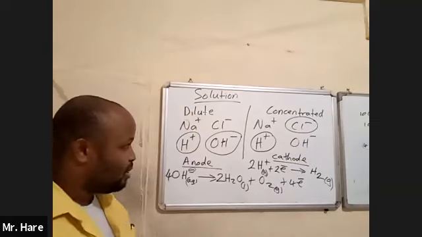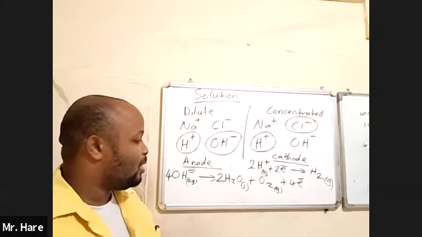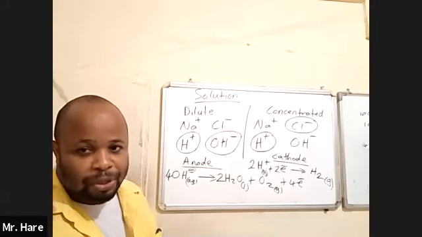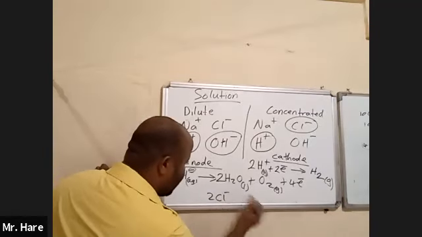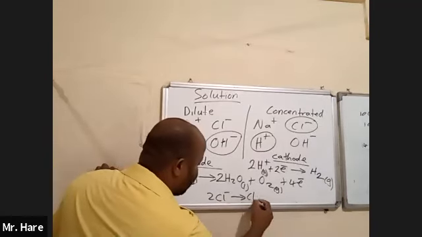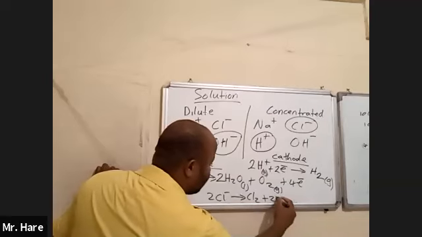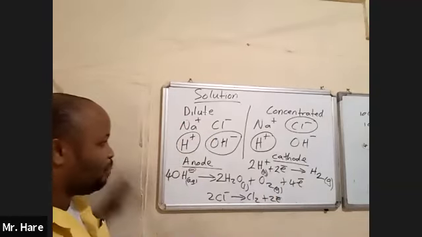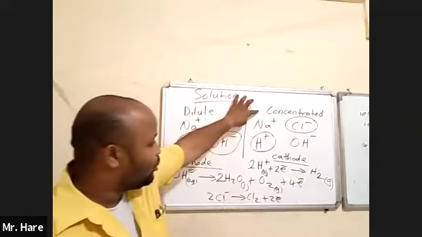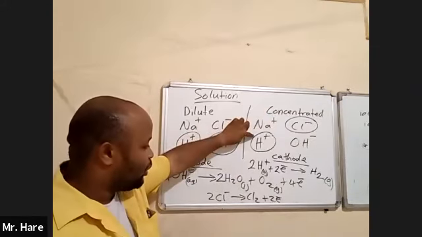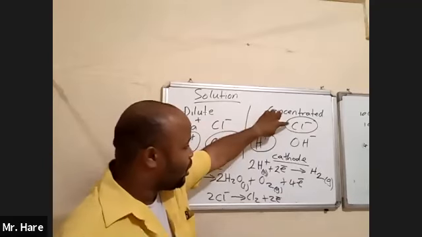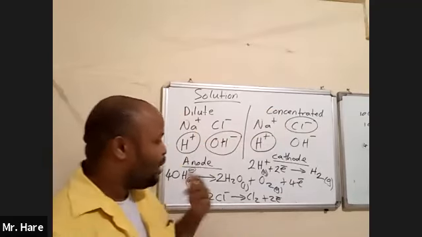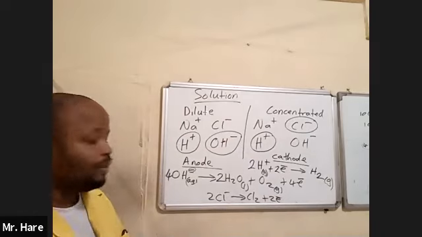And as I said, once the chloride ion takes part, the equation is not going to change. So it would still be 2 chloride ions forming chlorine gas plus 2 electrons being given up. So for the concentrated one, it's the hydrogen ion at the cathode and chlorine gas being produced at the anode.